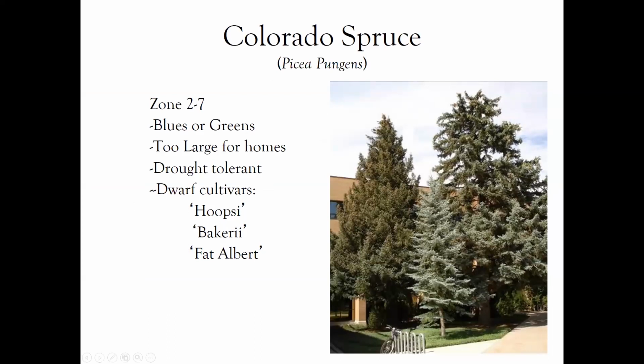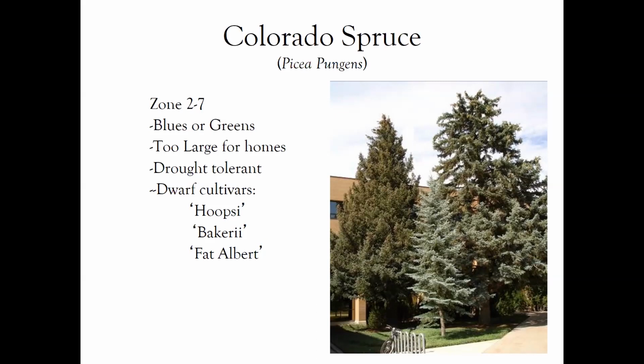So Colorado blue spruce, or Picea pungens, as we've kind of mentioned a little bit already, may not be a good choice for a lot of landscapes, especially smaller landscapes. Somewhat drought tolerant once established, and certainly the roots may be a little deeper in areas where they're not getting water, where the lawn is getting watered. They can be blue or green, and that's just dependent on cultivar and whether or not they're seed propagated.